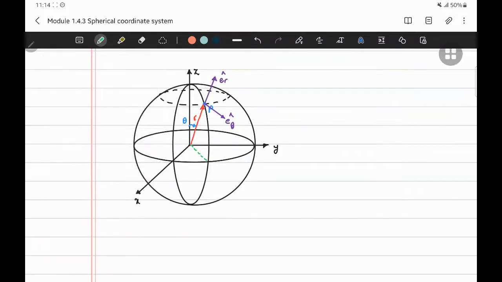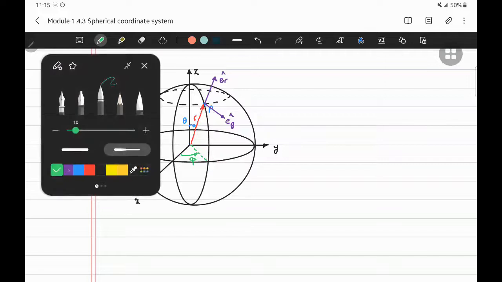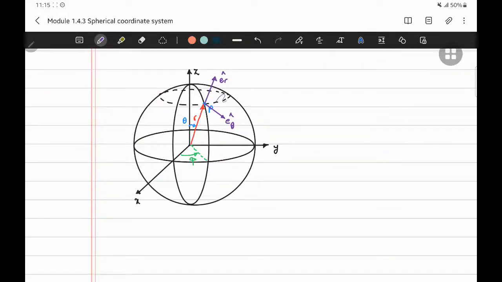And phi is basically increasing in this direction. Therefore, we have phi in this direction.